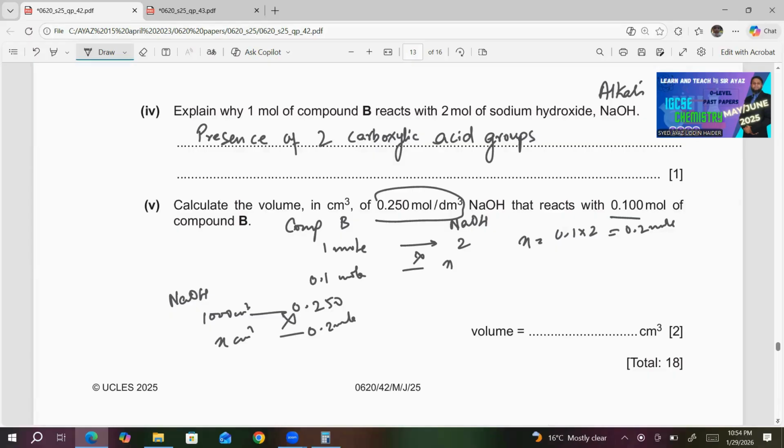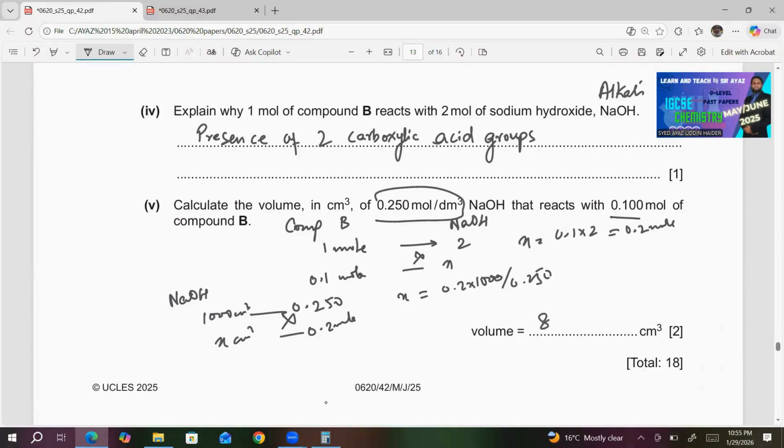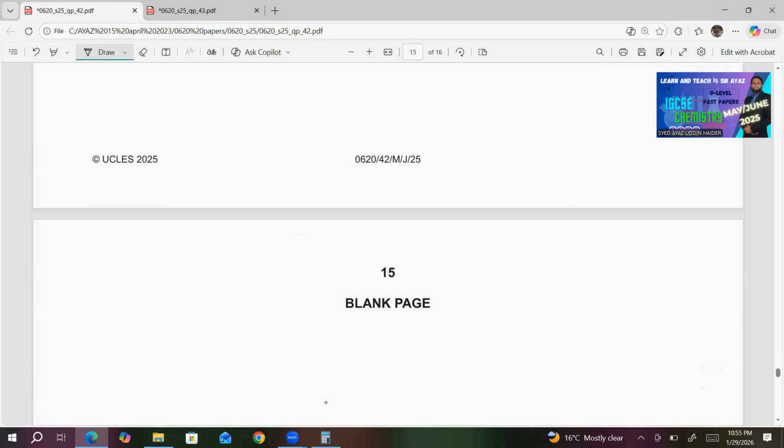So do the cross, you'll get X is equal to 0.2 multiplied by 1000 divided by 0.25. 800 cm cube. This will be the final answer.